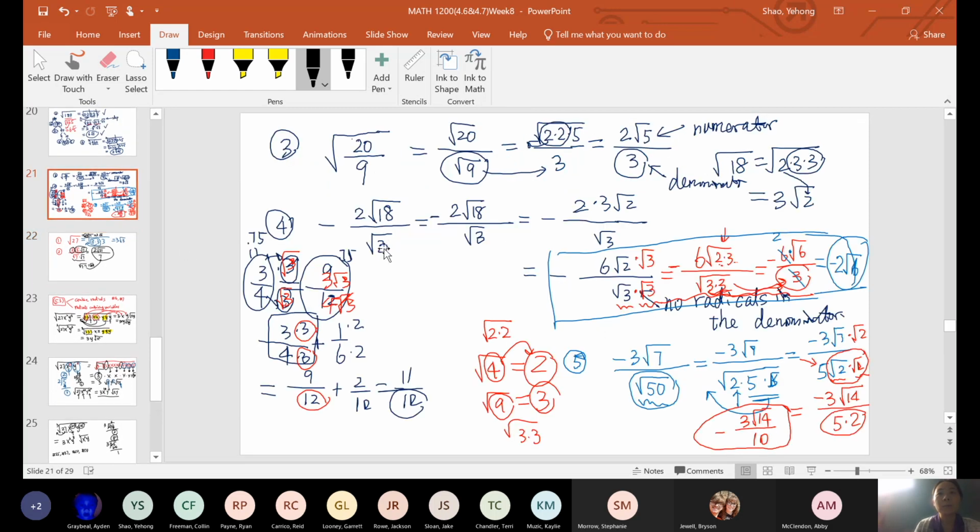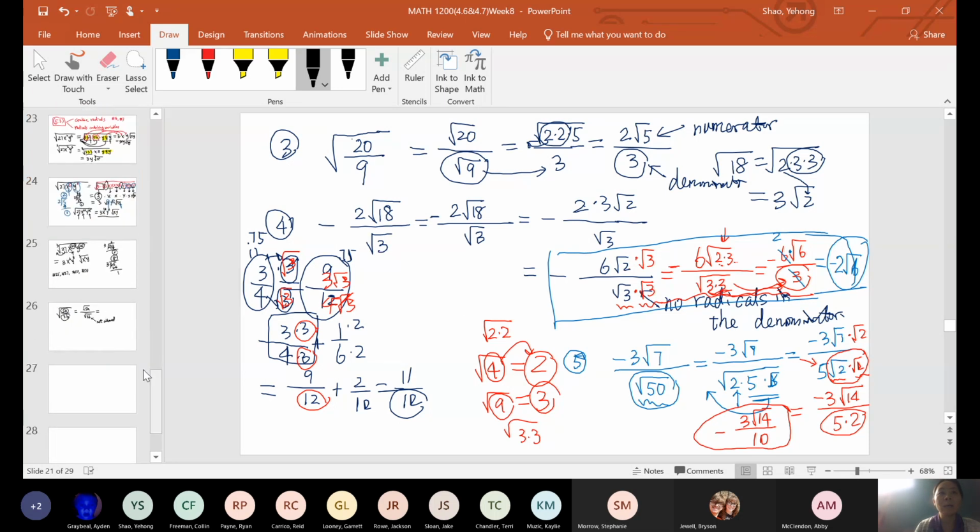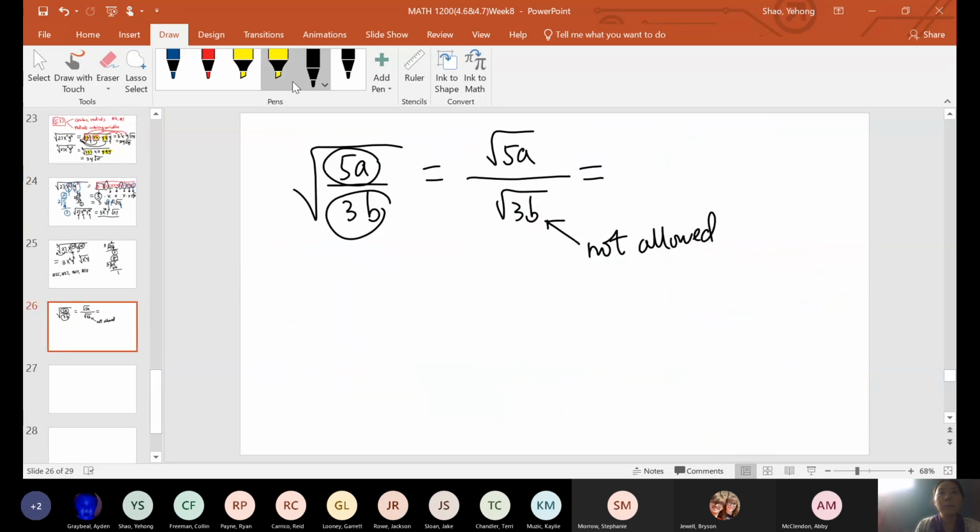Similarly, when I had the square root of 3, I just multiplied another copy of the square root of 3. So the same thing here. If you want to get rid of the square root of 3b, that means we need to multiply another copy of itself, which includes 3 and a b. The idea is the same as we did before, just that we have variables.